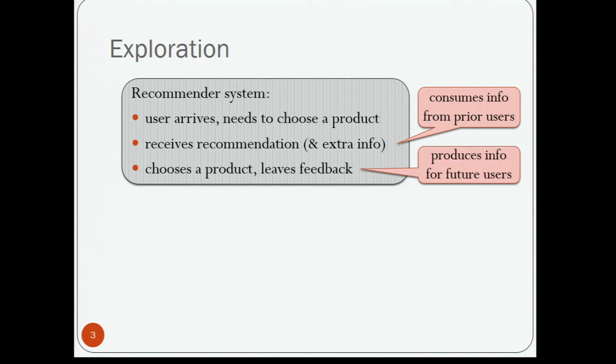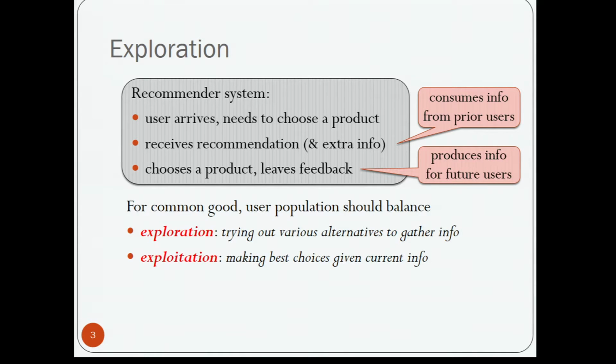So in the interest of the common good, the population of users should balance exploration and exploitation. One way to achieve that is to coordinate using the recommendations of the system. Of course, if people only cared about the common good, they would all follow the recommendations.